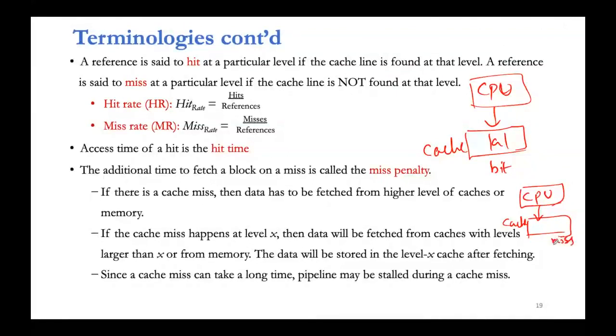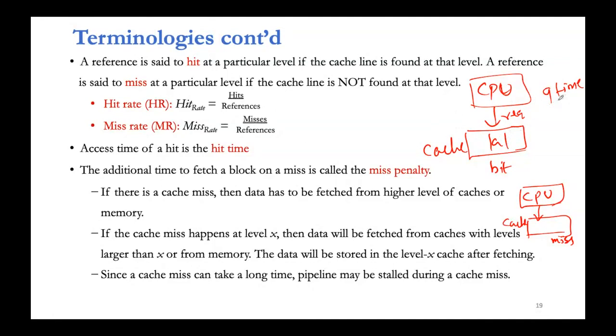Okay, so what are the hit rate and the miss rate? Suppose, for example, the CPU requests nine times to check whether the addresses for the instruction are available in the cache or not.